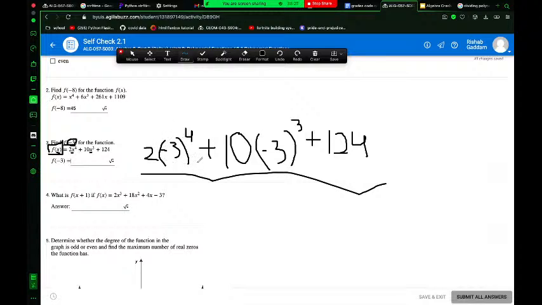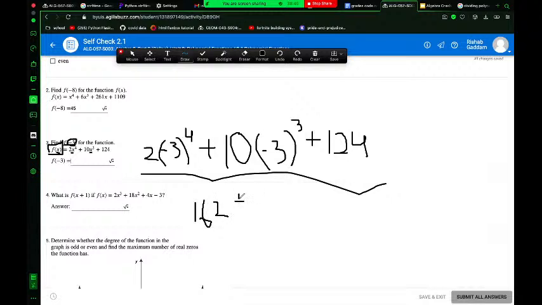So -3 to the power 4 is 81. It doesn't matter about the negative when there's an even exponent. So that's 81 times 2, and that's 162.